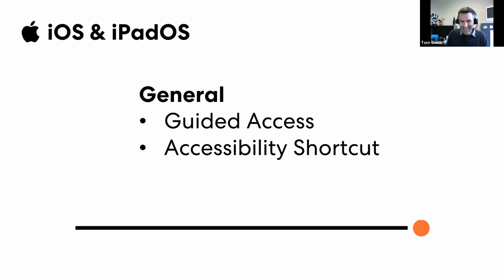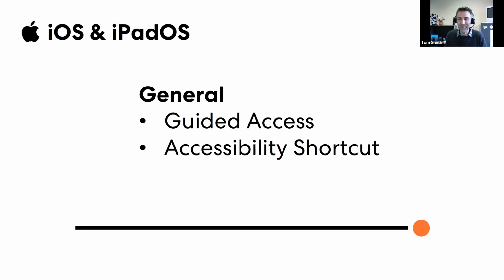The accessibility shortcut is a way of being able to change what pressing the home button 3 times does. I've seen this used, some people use it as a hack for all sorts of different things, but it's really useful, because I know, for example, the amount of times somebody accidentally starts VoiceOver and they have to get me to say, Tom, can you switch it off for me?